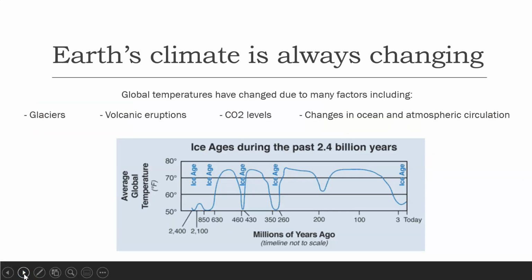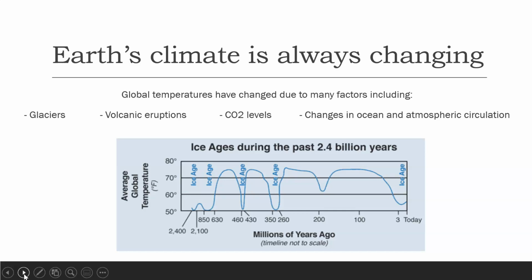But some things do happen, and Earth's climate is always changing. So it's important to know that global temperatures have changed due to many factors. This could be due to glaciers, even volcanic eruptions can have big changes on Earth's climate, making it much hotter.